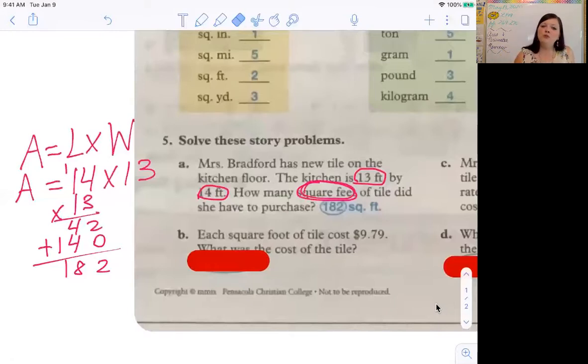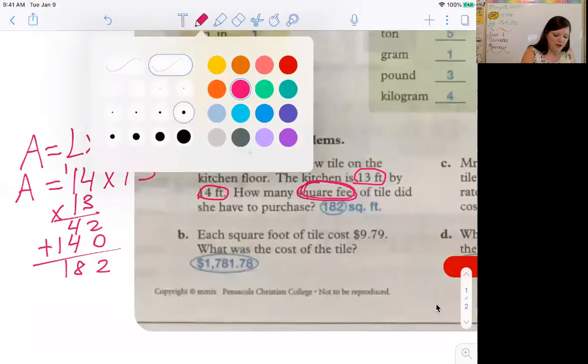Each square foot of tile, oh my gracious, costs $9.79. Holy cow. What was the cost of the tile? Each. Okay. Oh, you know what? That's not fair. Let's go back.